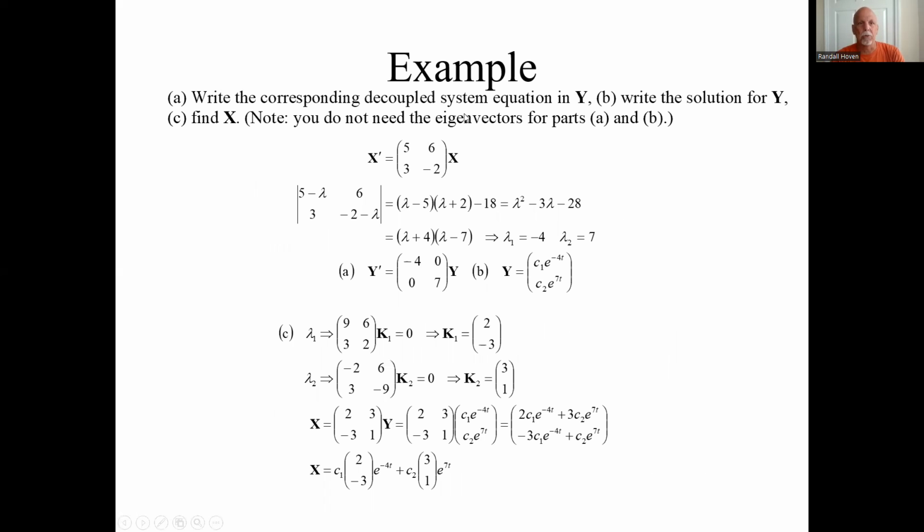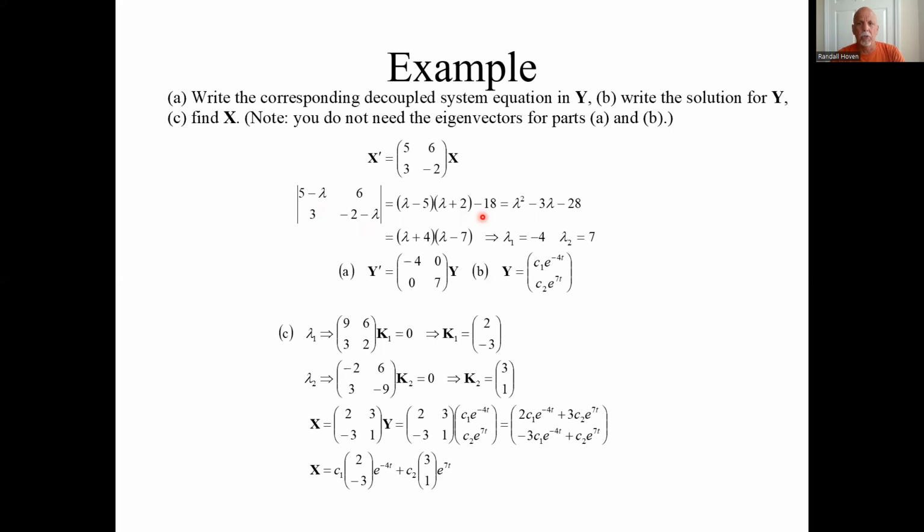another example, I'll go through it super quick. Part A is just write decoupled system equation in Y. And all we need to do for that is get the eigenvalues. Same for B, write the solution to Y, decoupled system. For A and B, we only need to find the eigenvalues.